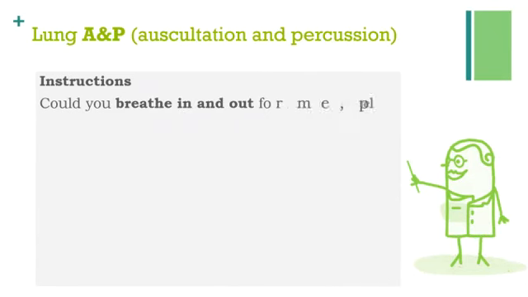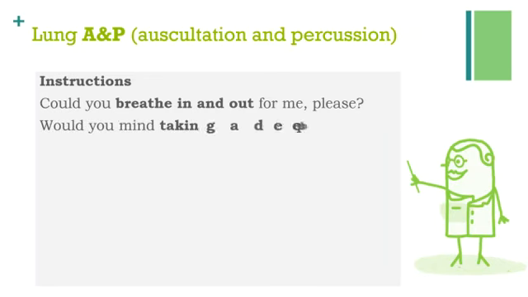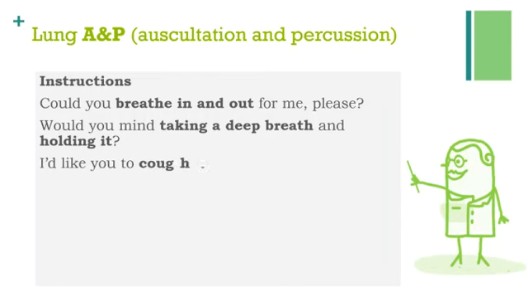First, the instructions. Could you breathe in and out for me, please? Would you mind taking a deep breath and holding it? I'd like you to cough. Could you say 99 for me, please?